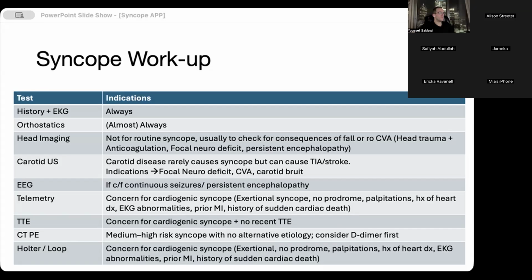Yeah, that's a really good question. So usually, if you're getting an echo, what are you looking for? How will an echo abnormality cause syncope? Usually it's only if you have really, really bad aortic stenosis or a really, really low EF, like the EF is 10.